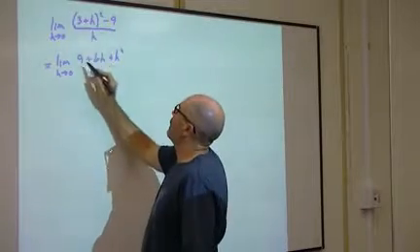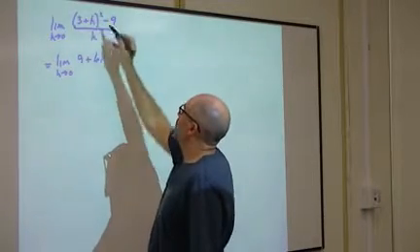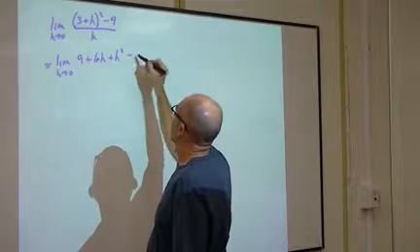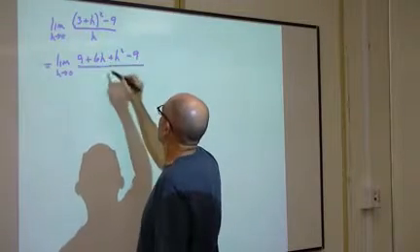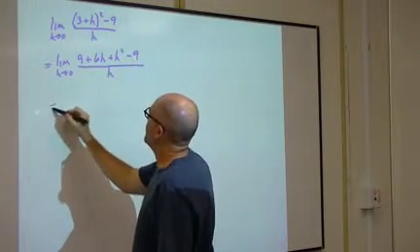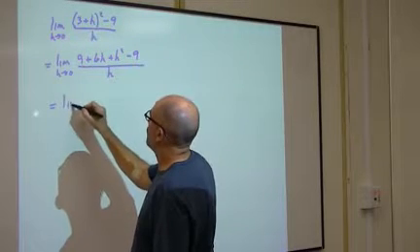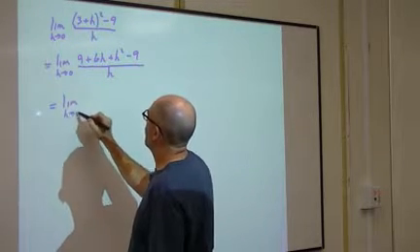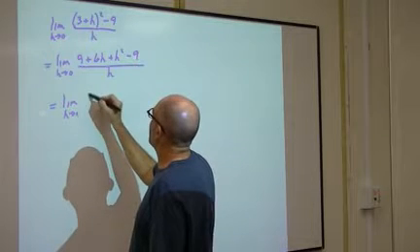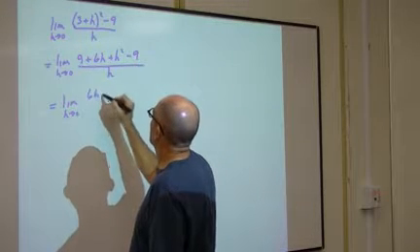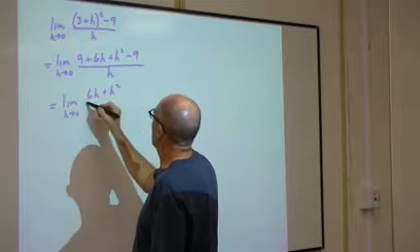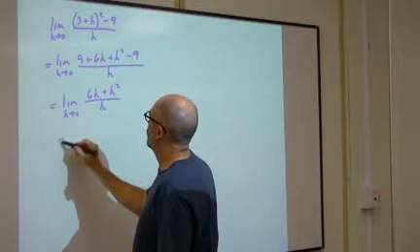Notice a squared plus 2ab plus b squared. Okay, so now look what happens. 9 minus 9 is 0, so we have the limit as h approaches 0 of 6h plus h squared all over h.